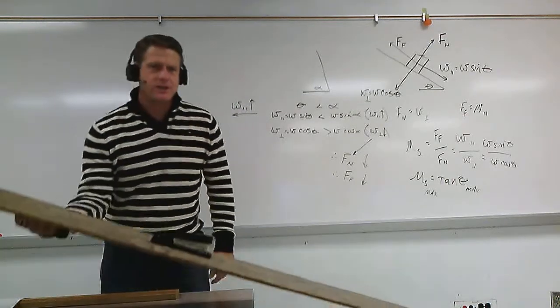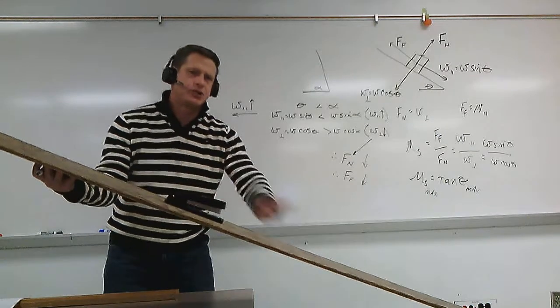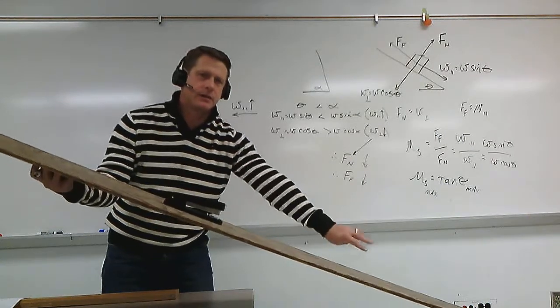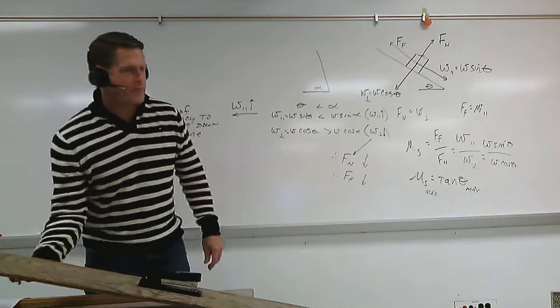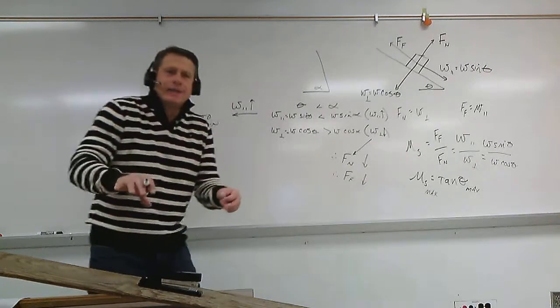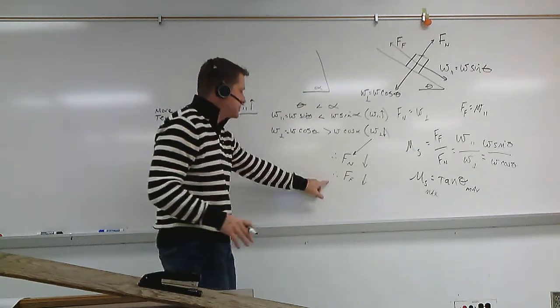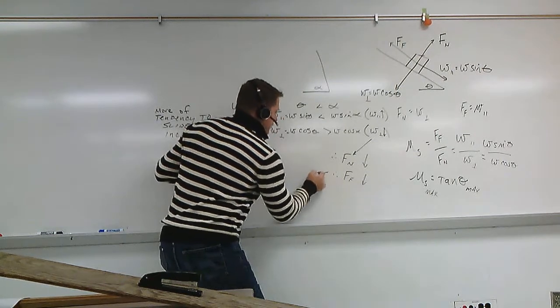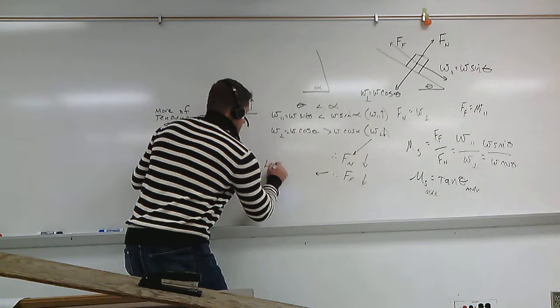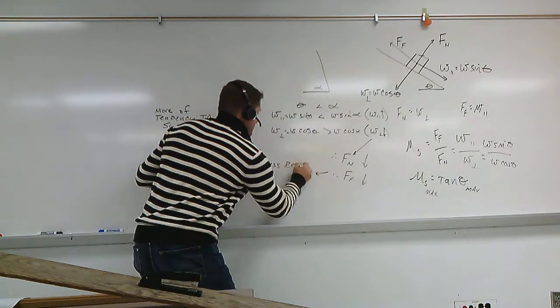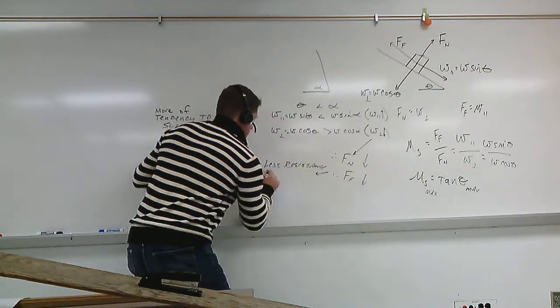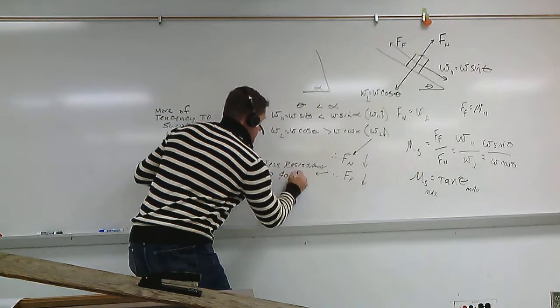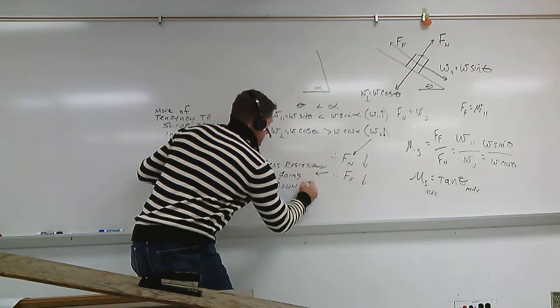As I increase this angle, the portion of the weight that's pushing down is getting bigger and bigger. What else is happening is that the amount of resistance to pushing down is getting smaller. So my friction force tends to get smaller, and we have less resistance to going down the incline.